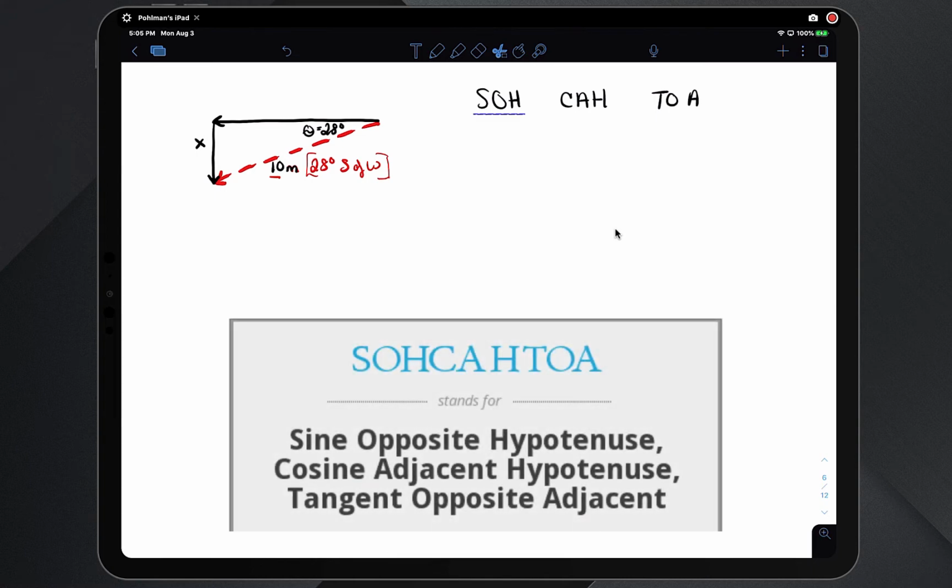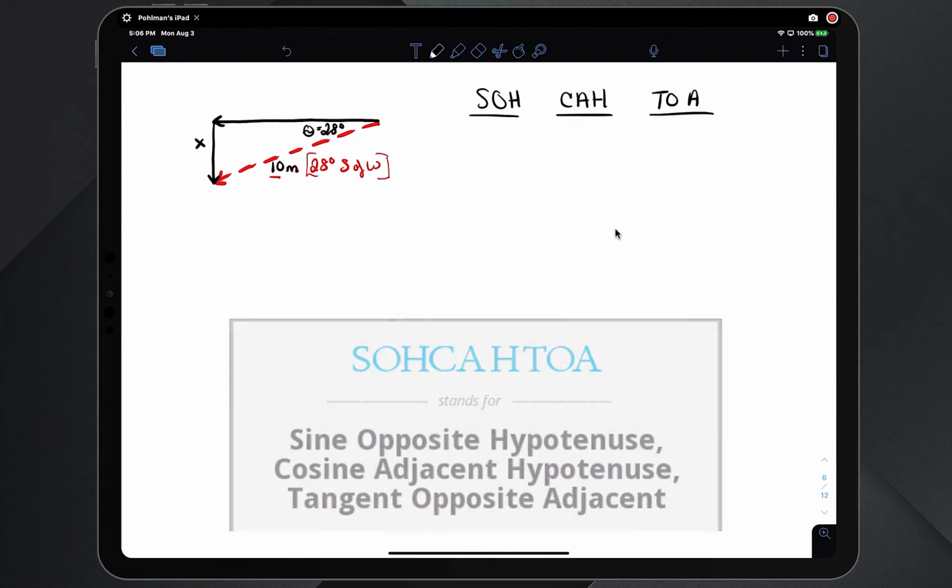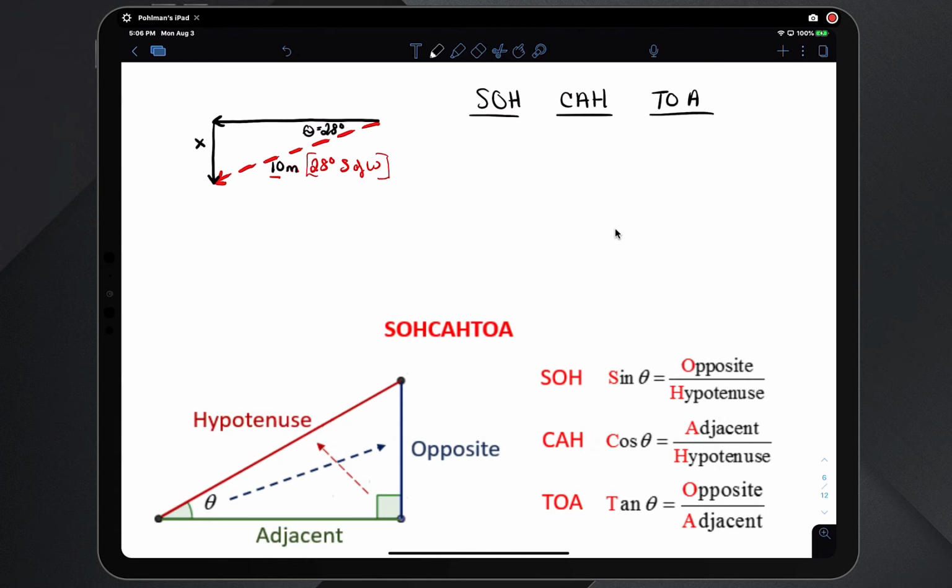What these stand for would be the S here is the sine function, the C is the cosine function, and then the T stands for the tangent function.